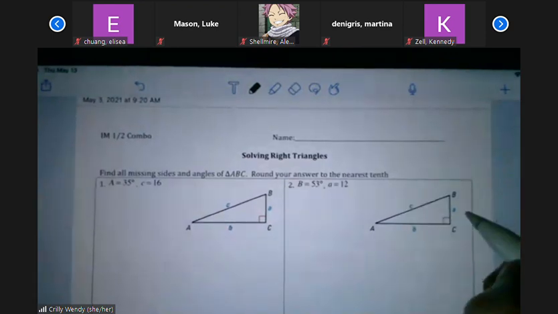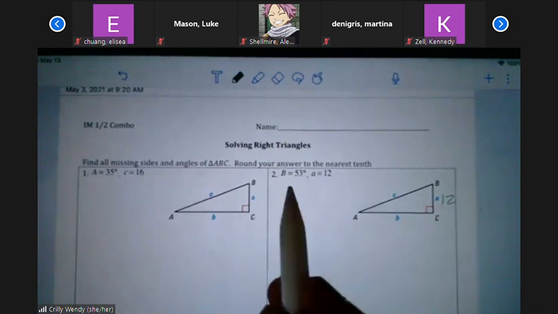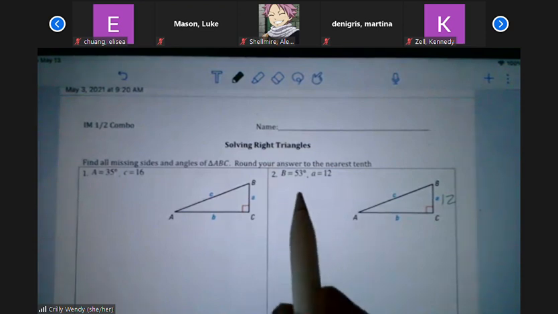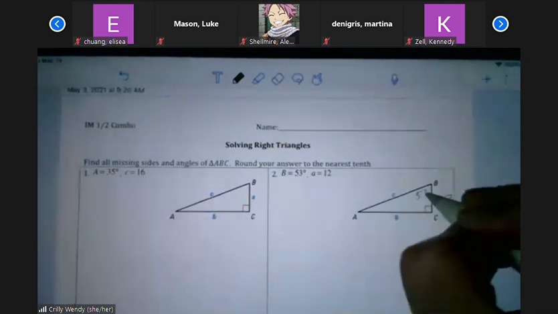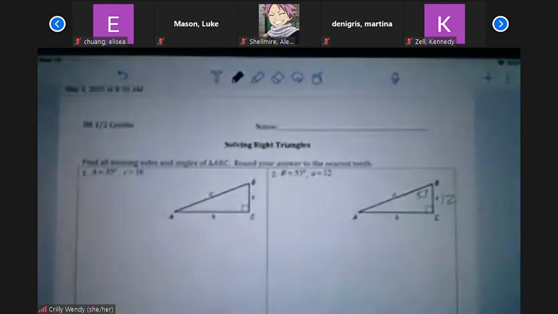Okay, so I'm given that side A is 12. And I'm given that angle B is 53 degrees. So we can use anything we want. We can use SOHCAHTOA. We can use Pythagorean theorem.